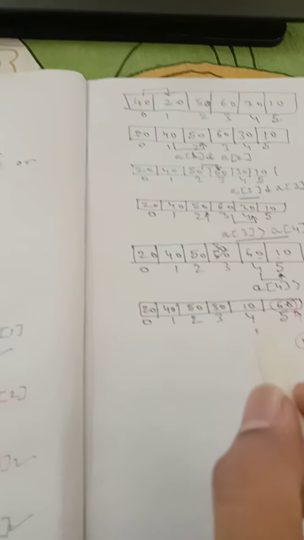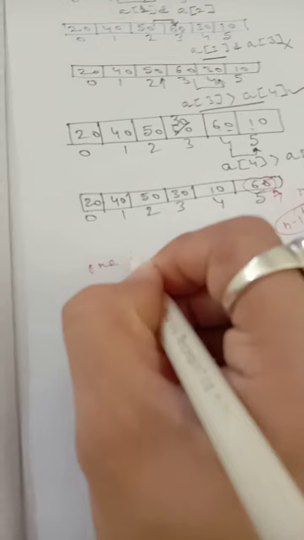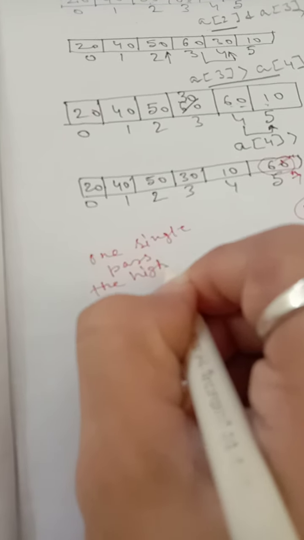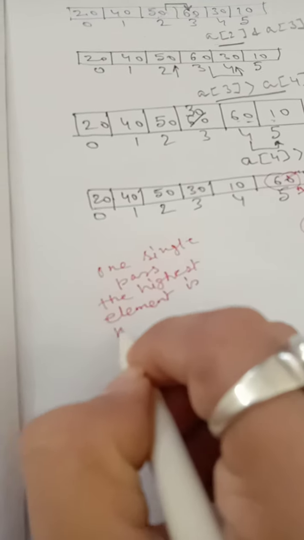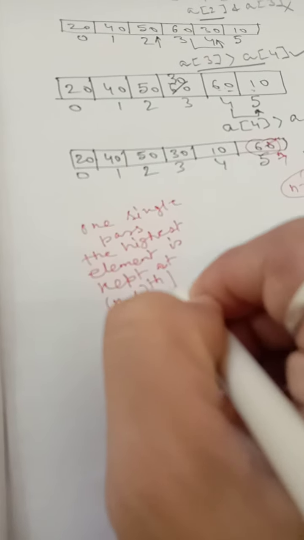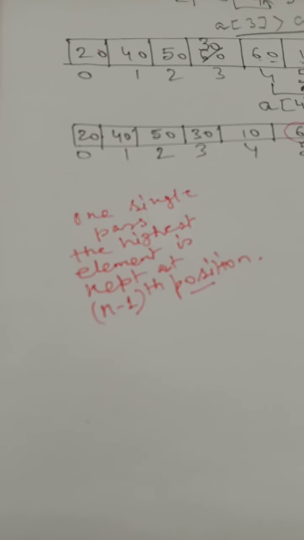And remember, in bubble sort, in one single pass, the highest element is kept at the n minus 1th position, right?